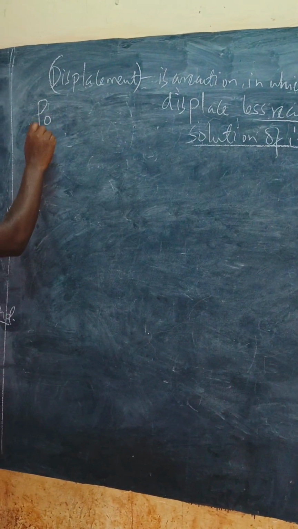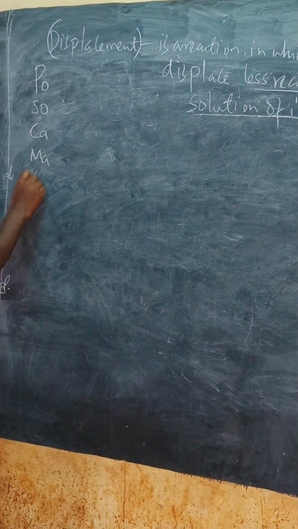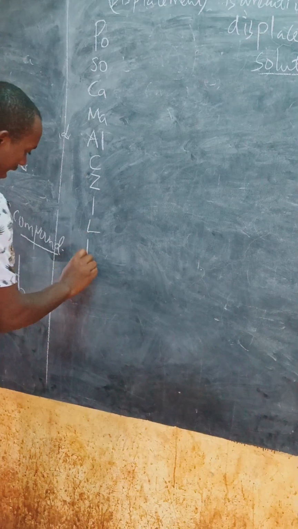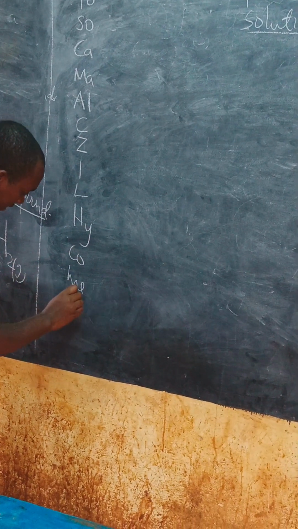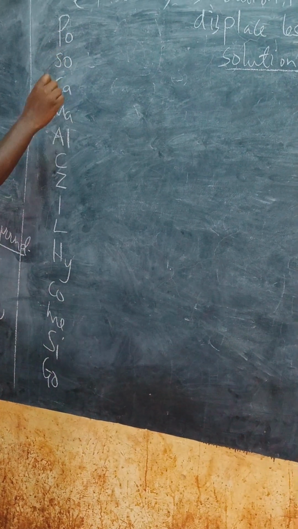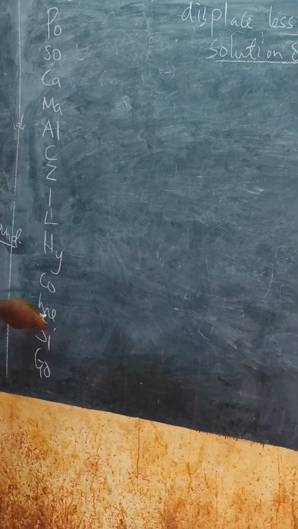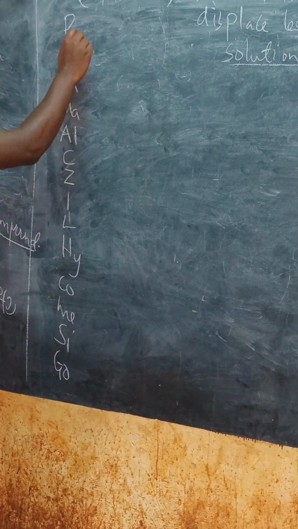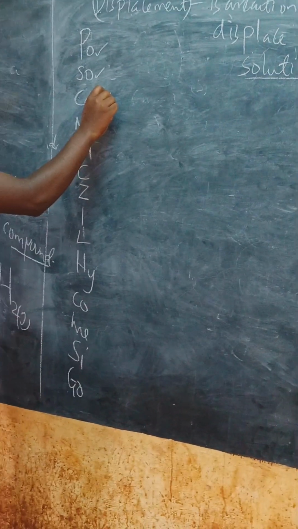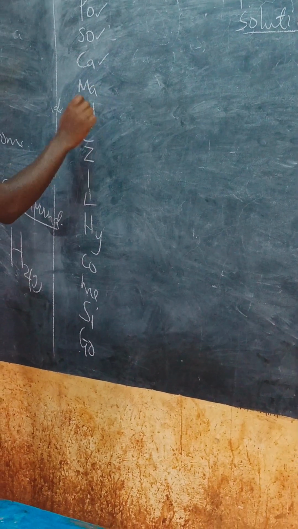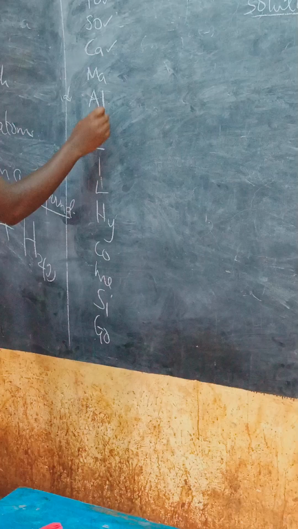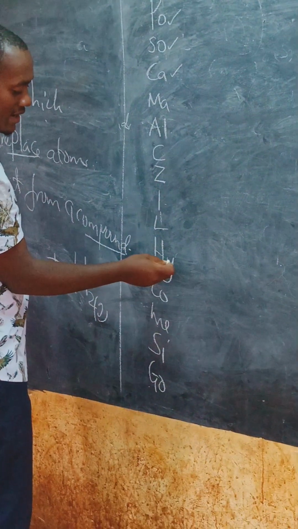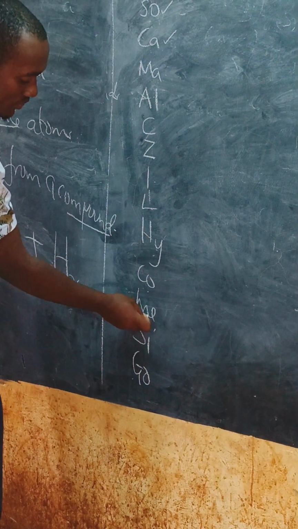The reactivity series mnemonic is: Po, So, Ka, Ma, Al, C, Zn, Fe, Pb, H, Cu, Hg, Ag, Au. Po is potassium, So is sodium, Ka is calcium, magnesium, aluminium, carbon, zinc, iron, lead, hydrogen, copper, mercury, silver, gold.